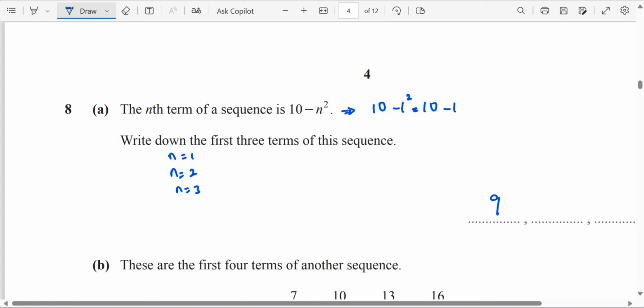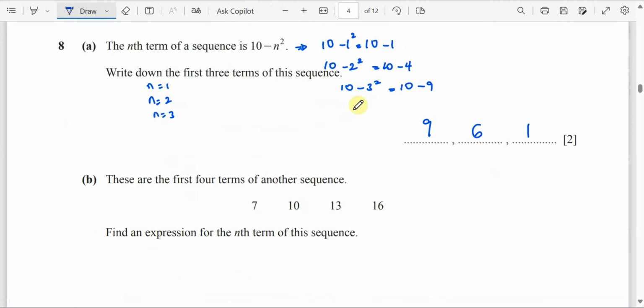When n is 2, that'll be 10 minus 2 squared, that's 10 minus 4, and that will give us 6. And lastly, when n is 3, that's 10 minus 3 squared, which is 10 minus 9, and that is 1. So the first three terms are 9, 6, 1.